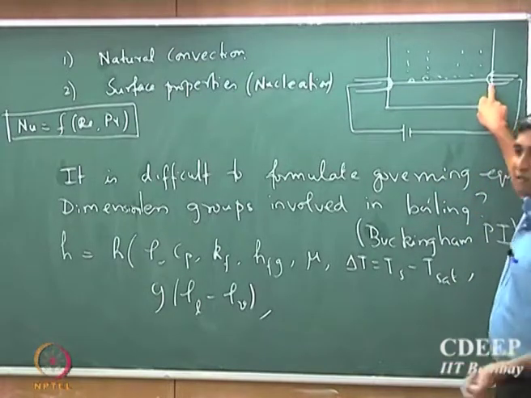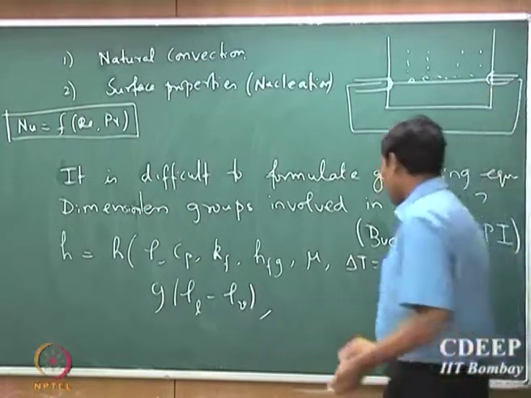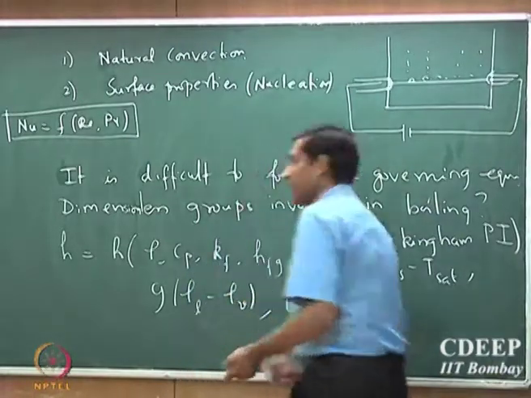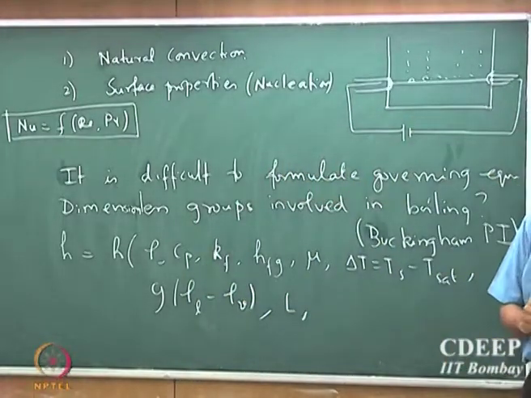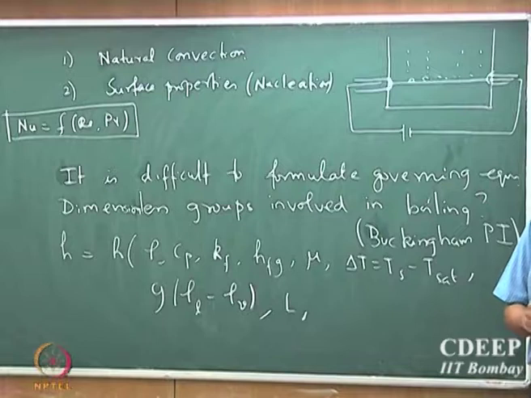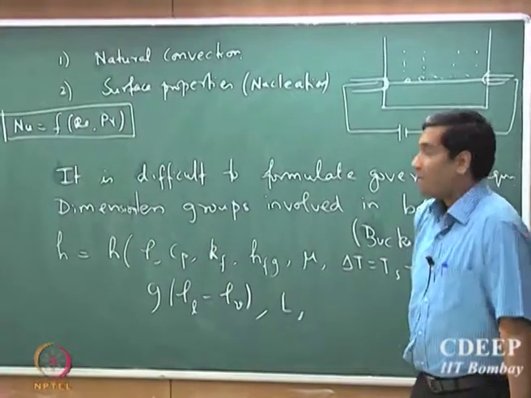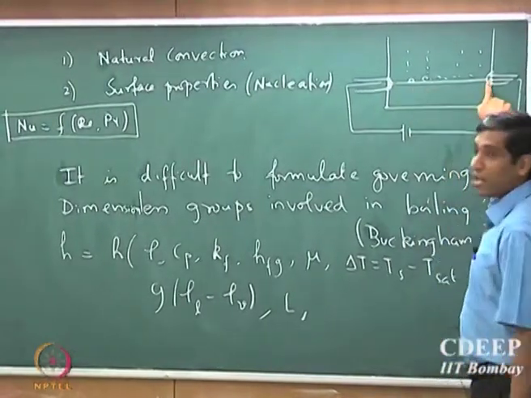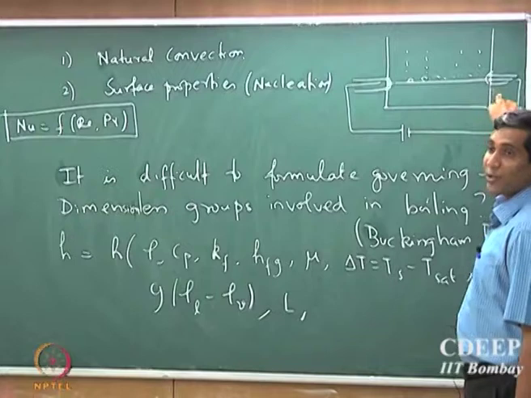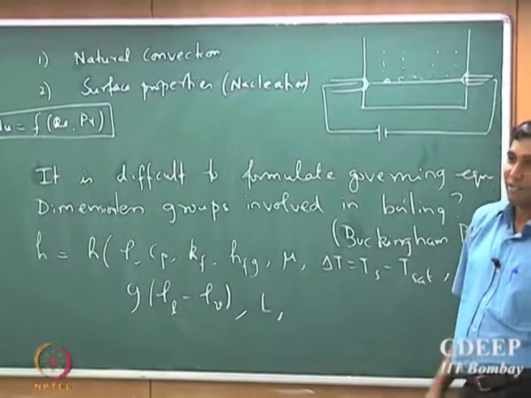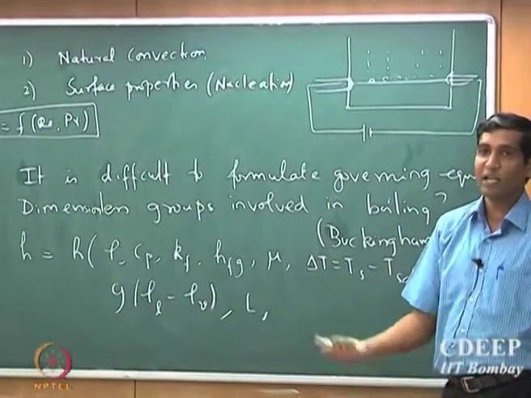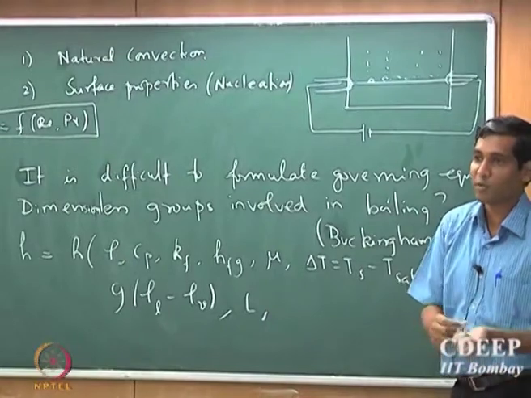Obviously, it depends upon the length of the wire, right? So you need to know the length of the wire. Anything else? Because the amount of area that is available depends upon the length. So the length scale tells you the area that's available for heat transport.